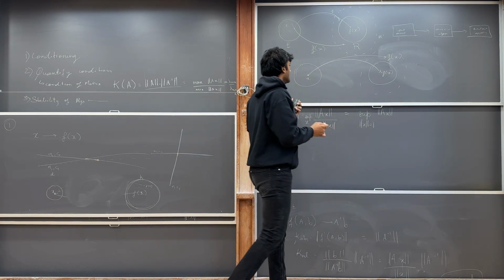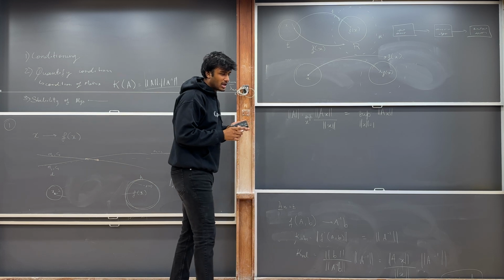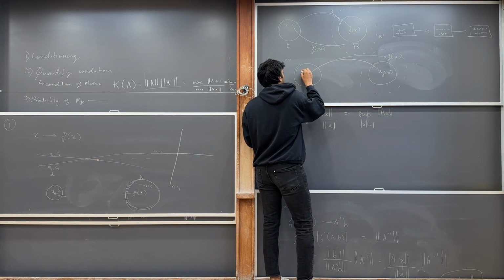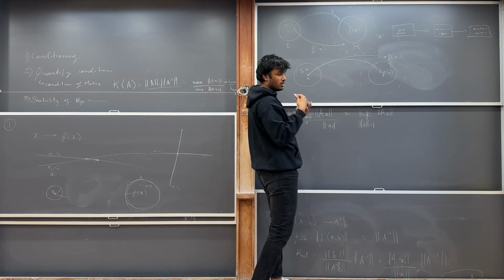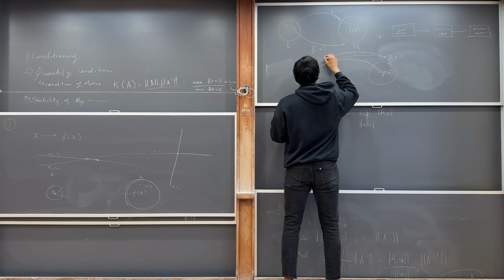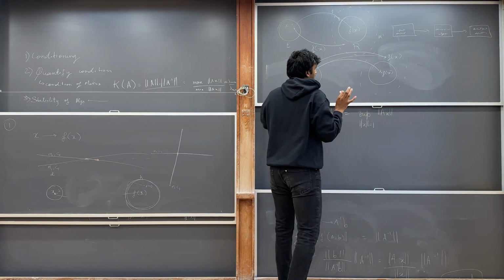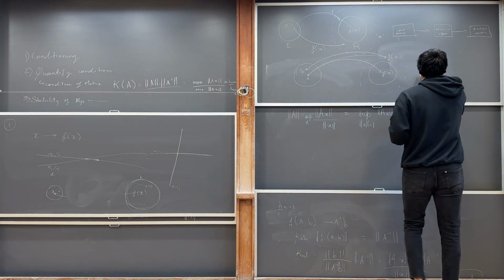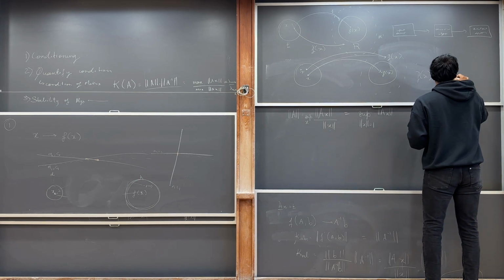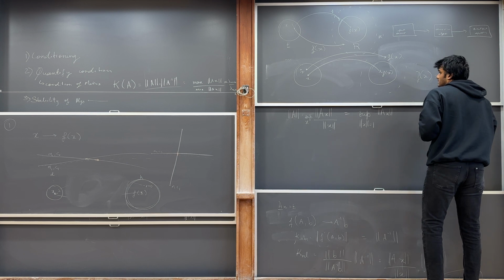What I want to do now is understand what could have been my actual point x hat for which my f would be the same. Basically I'm going to write here f tilde of x is f of x hat.